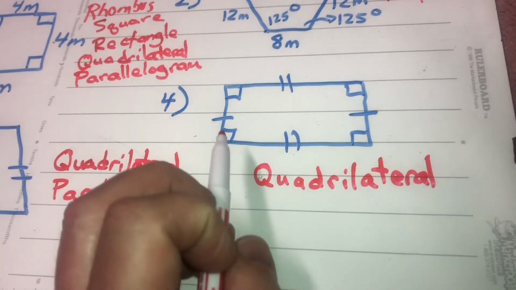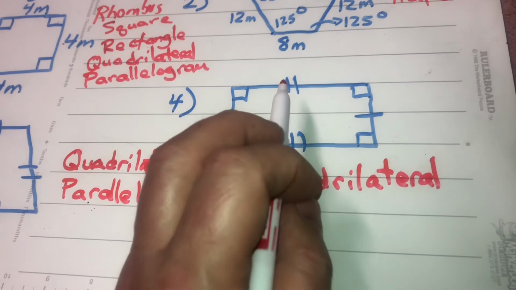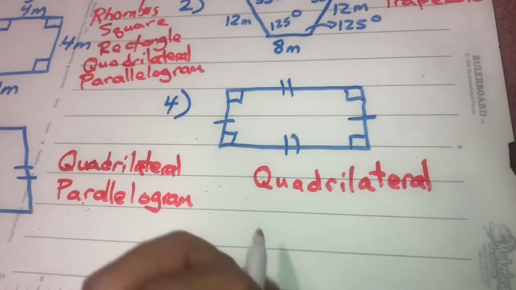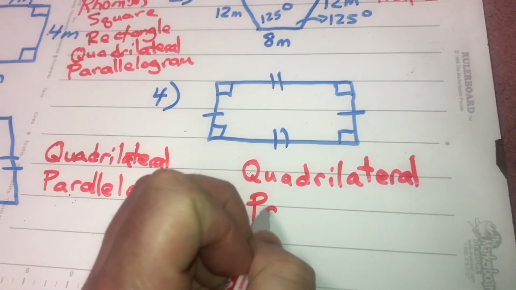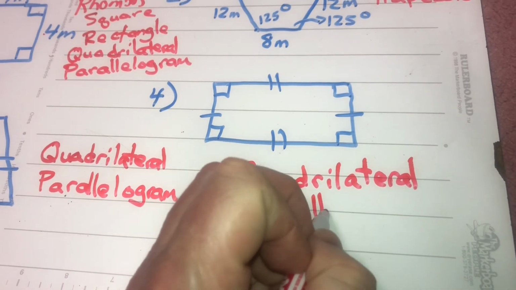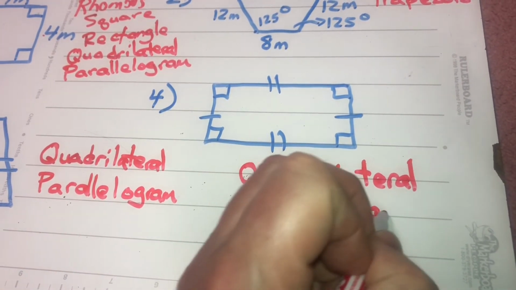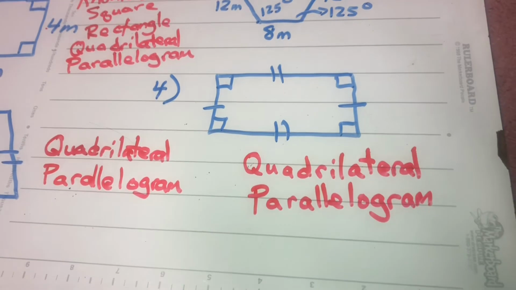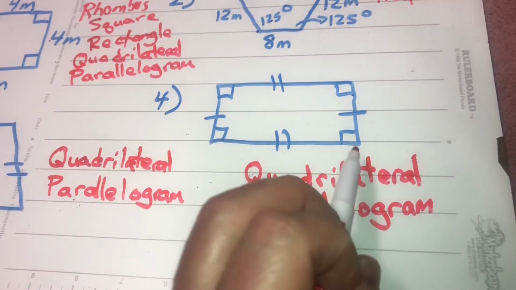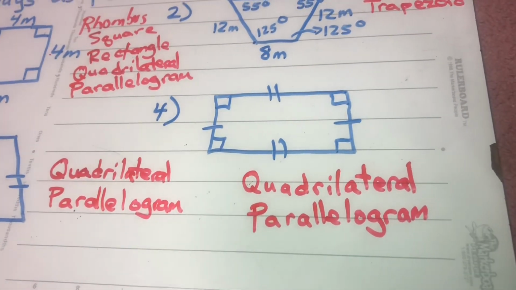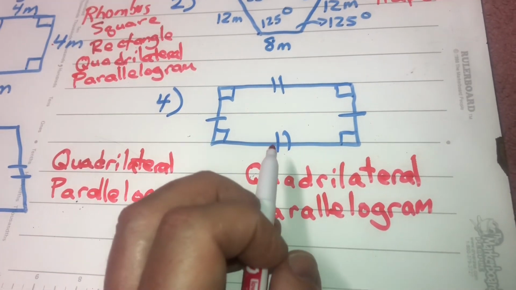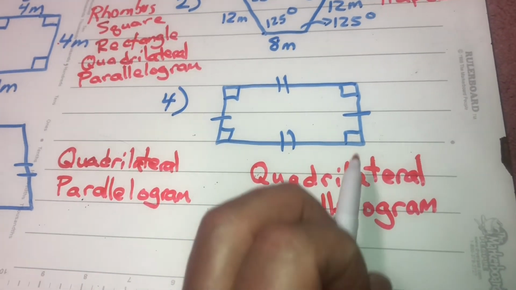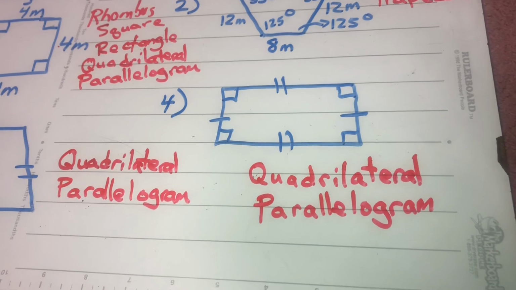Once again, if the left and the right are parallel and the bottom and the top are parallel, that's two sets of parallel sides, which means that this is most definitely a parallelogram. But it's a parallelogram that has four right angles as well. And it looks like the top and the bottom are congruent in length. The right and the left are congruent in length.